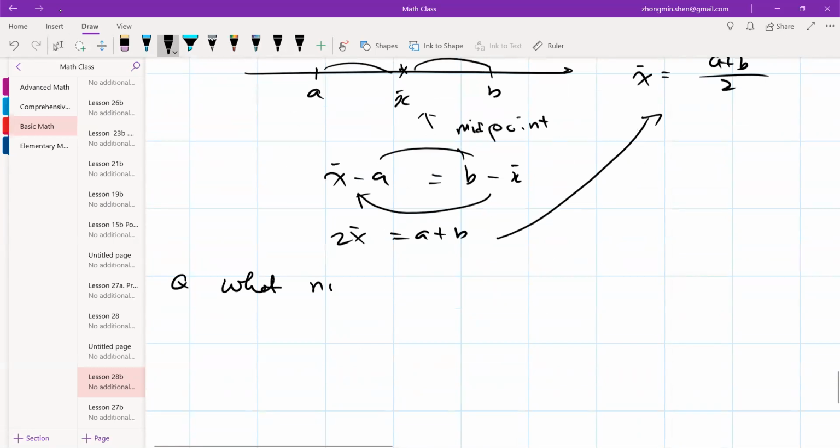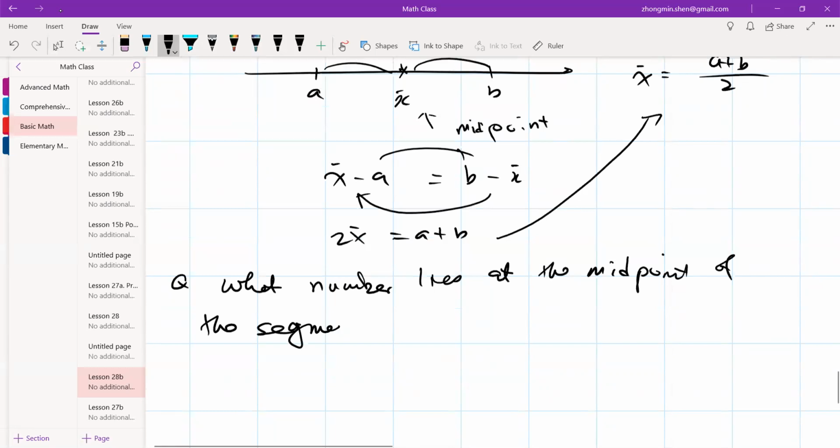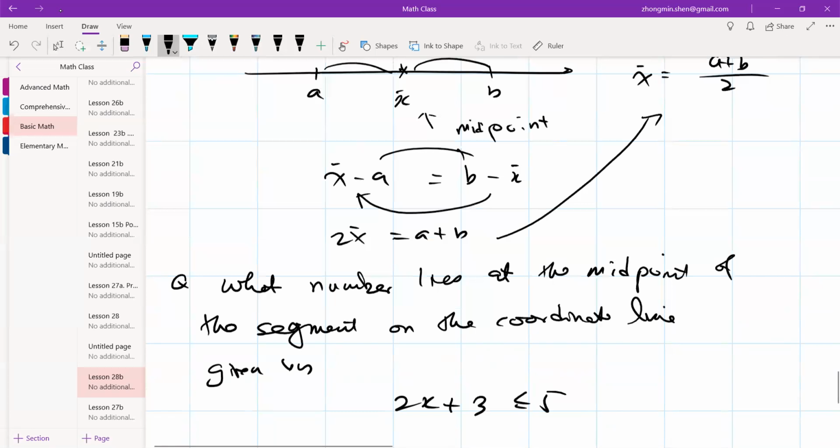What number lies at the midpoint of the segment on the coordinate line, which is given by 2x plus 3 less than or equal to 5 in absolute value?